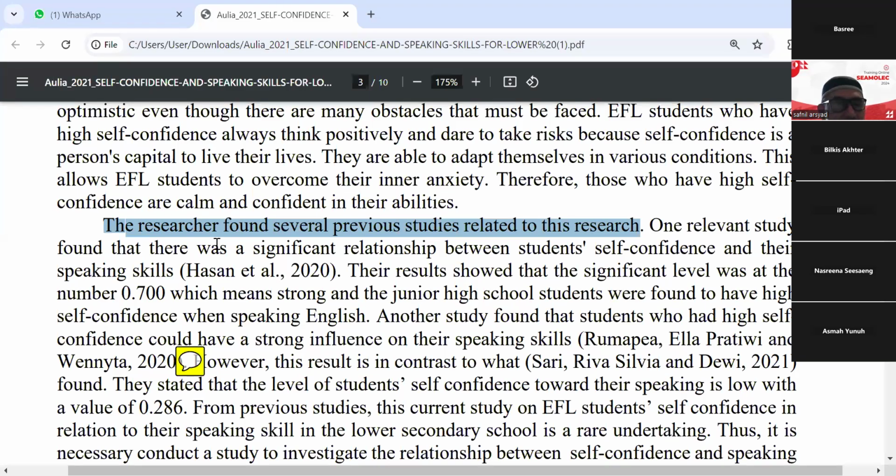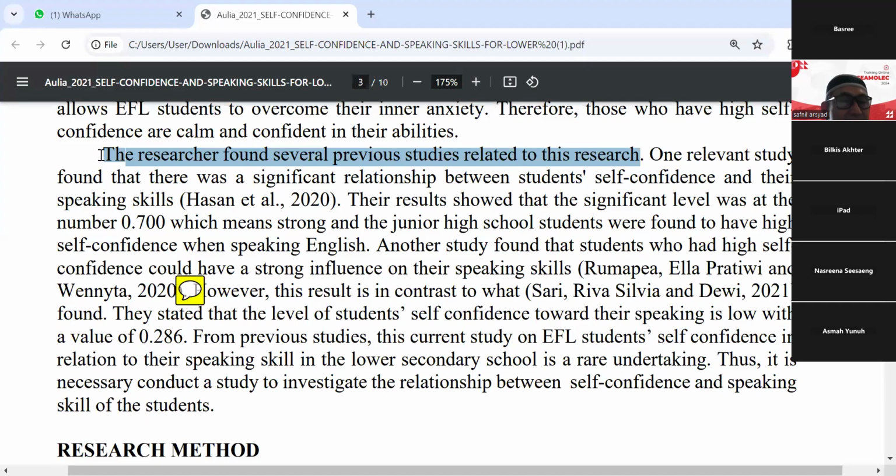One relevant study found that there was a significant relationship between students' self-confidence and their speaking skill. The results show that the significance level was at the number. Another study found the student who had high self-confidence.